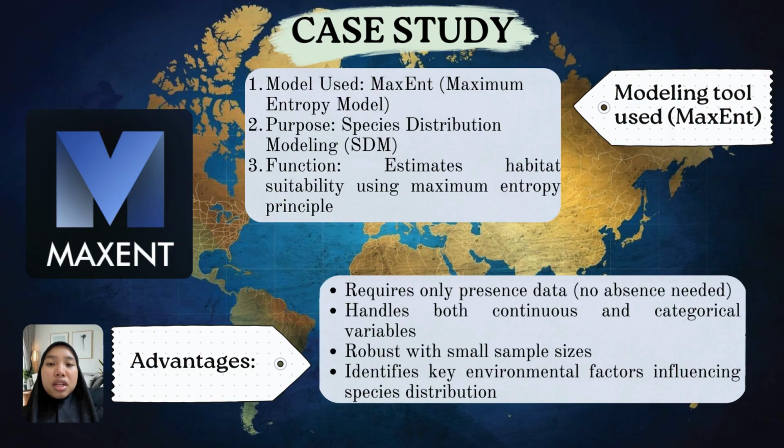The model can handle a wide range of environmental variables, both continuous and categorical, and performs well even with relatively small sample sizes. Another key strength of MaxEnt is its ability to identify and quantify the importance of different environmental factors in determining species spatial distribution, making it especially valuable for conservation planning under climate change scenarios.